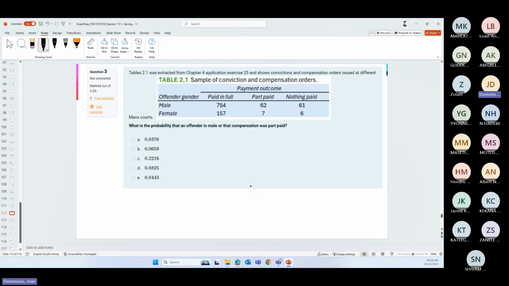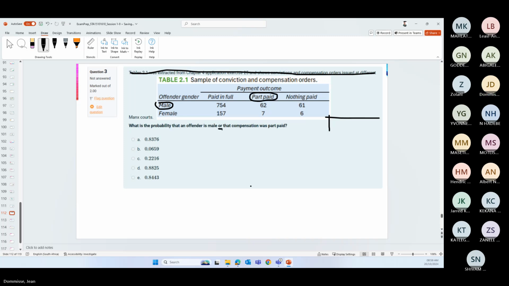And again, they say extracted. Okay, so in that they don't give us any information that we can work with. So they don't tell me what the total is. So what is the probability that an officer is male or that compensation was part paid? Part paid. Okay, part paid.